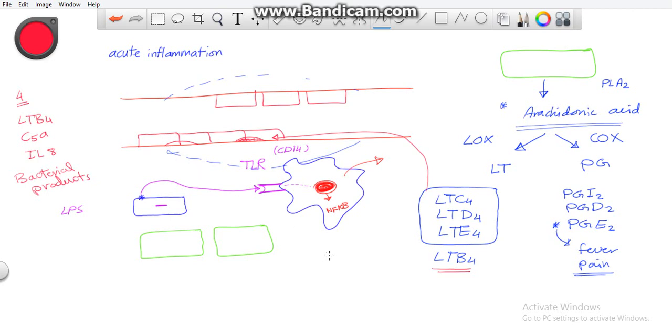Mast cells are also found within the tissue. As we know, they contain histamine granules, and when that histamine gets out, it causes vasodilation and increased vascular permeability. The mast cells are actually dormant, they're not activated.